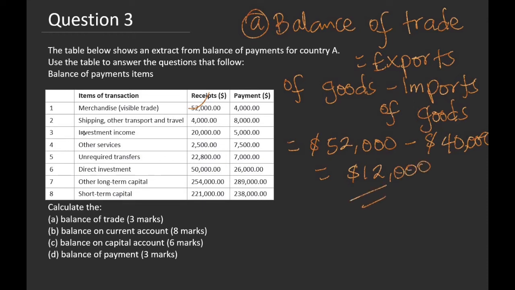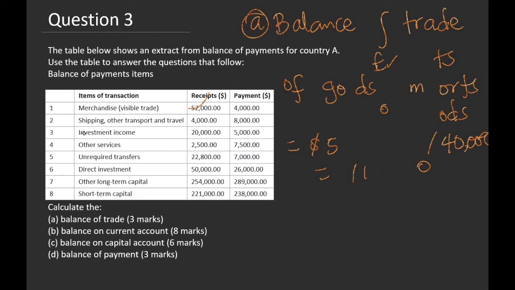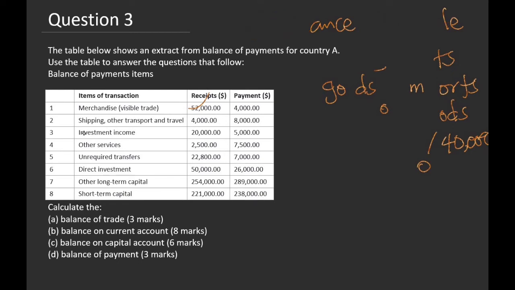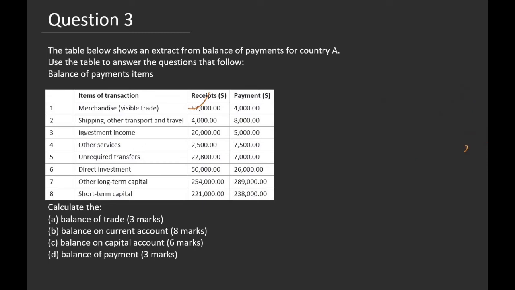Okay. B says balance on current account, 8 marks. So you can just go through this. Let's look at the credit items.